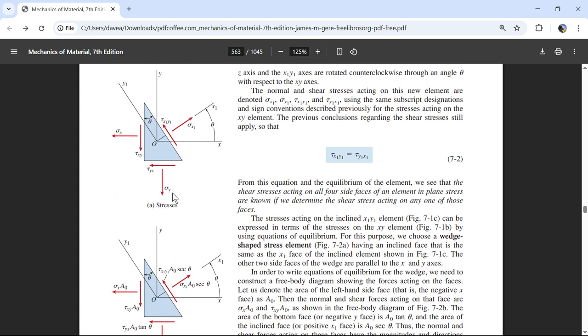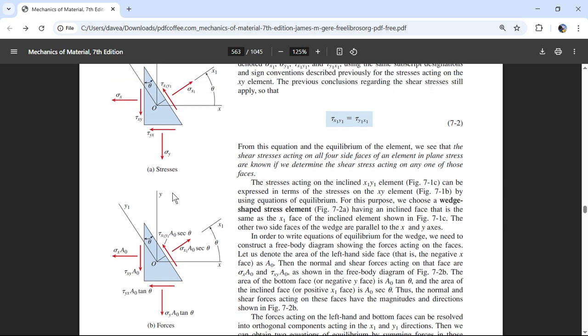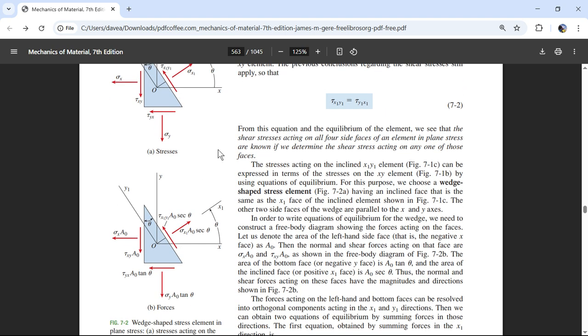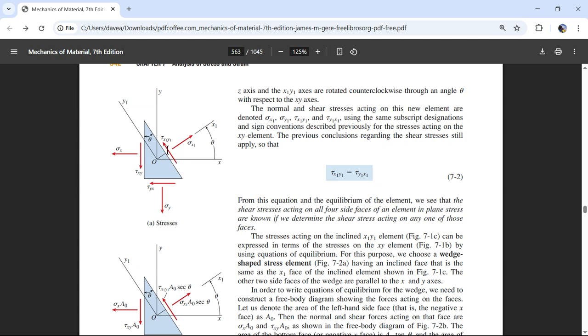This is probably the most important piece in this whole chapter. Stress is the pressure on this face, and this one is acting normal, so it might be pulling on this face or compressing it, pushing the face in.